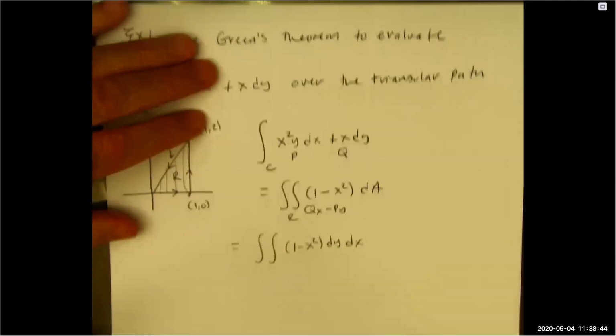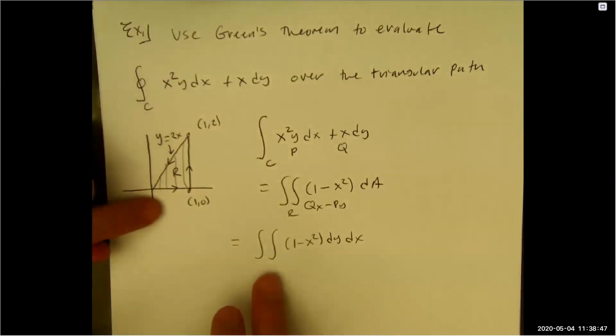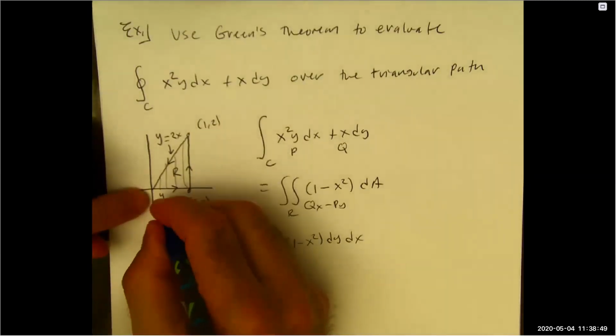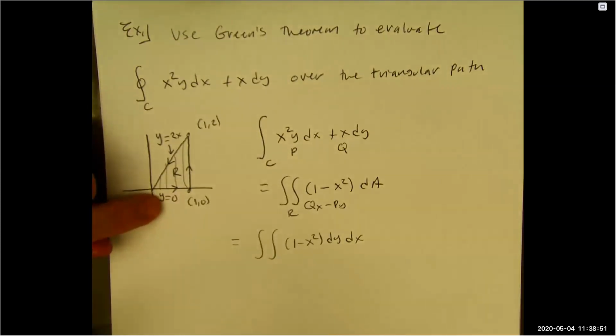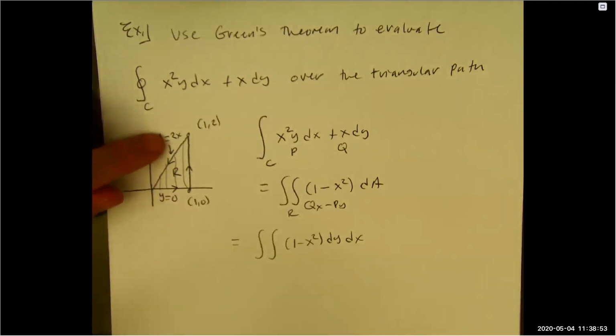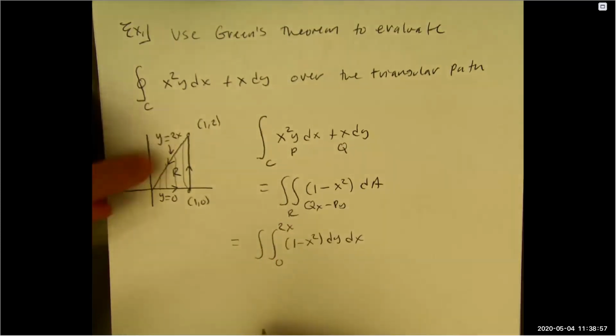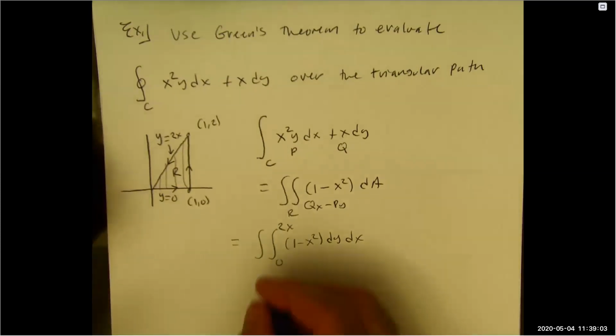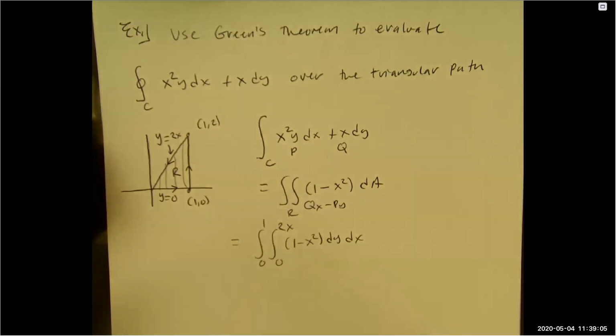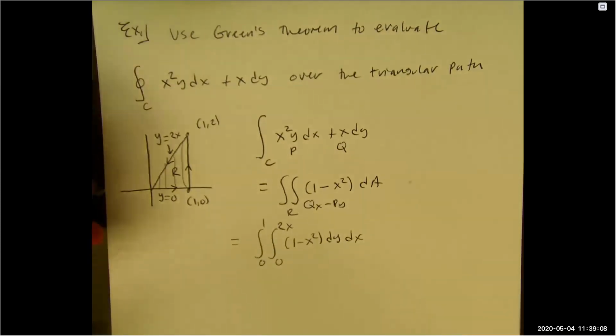And so how will the y go in this case? y is going to go from 0 up to 2x. And then we're going to take those vertical line segments starting at 0 and going all the way to 1. And so we just have this to evaluate.